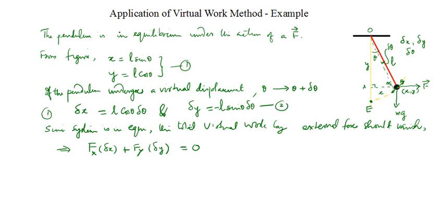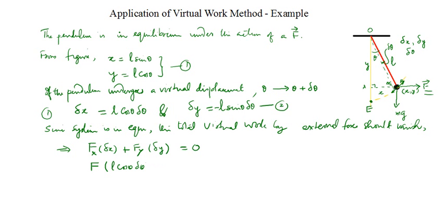So Fx delta x plus Fy delta y should be equal to 0. Fx is the force along the x direction, having magnitude F, so this is F into delta x. Delta x is L cos theta delta theta.